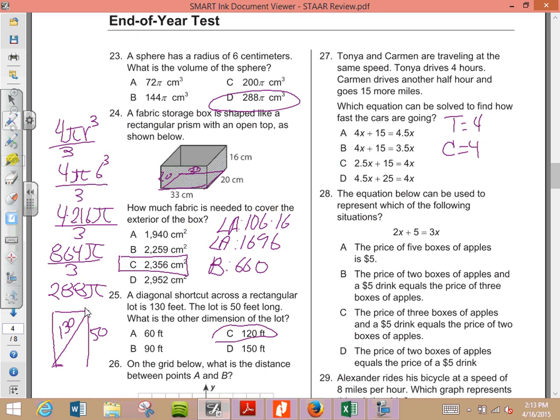So Carmen makes it 4.5 hours, which gave her 15 miles. Which equations can be solved to find how fast the cars were going? I'll give you a couple minutes to look at it.